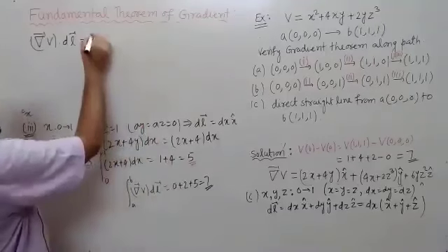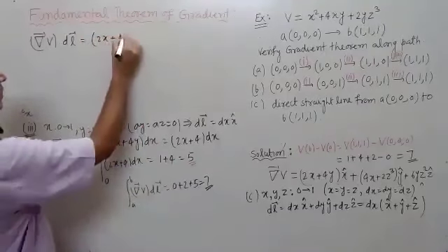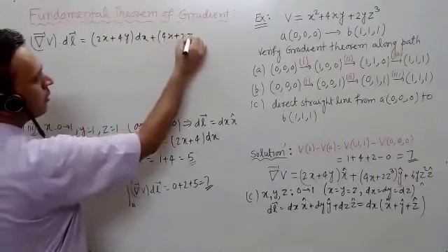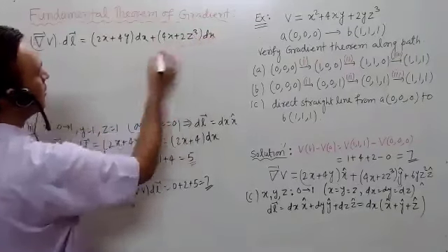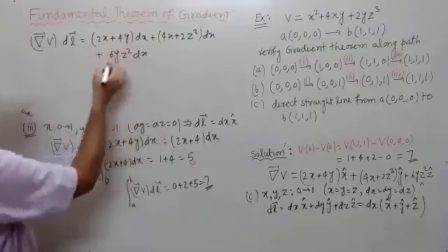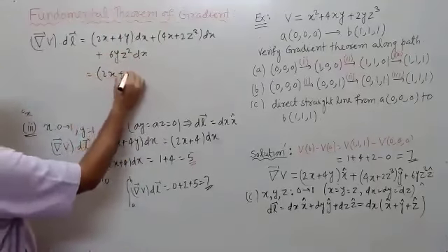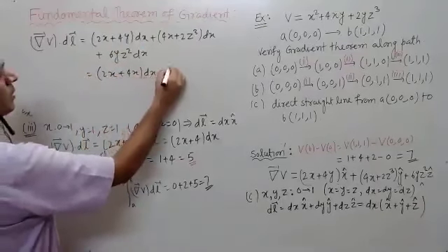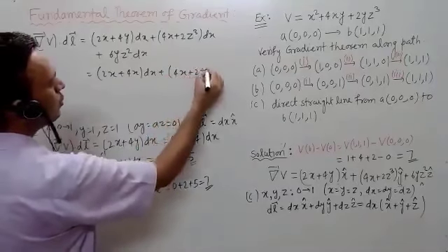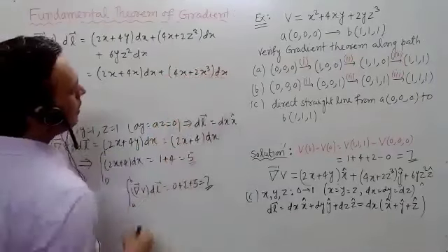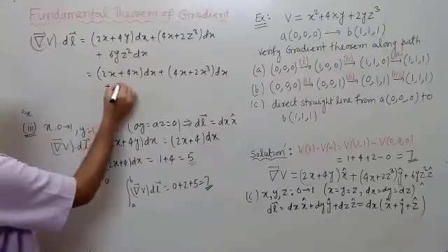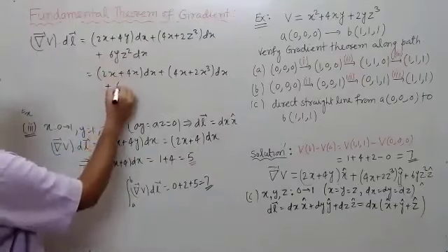So you will get these terms: twice x plus 4y dx, plus 4x plus twice z cube dx, plus 6y z square dx. Putting y equal to x, we get 2x plus 4x dx, plus 4x plus twice x cube dx, and the last term is 6x cube dx.